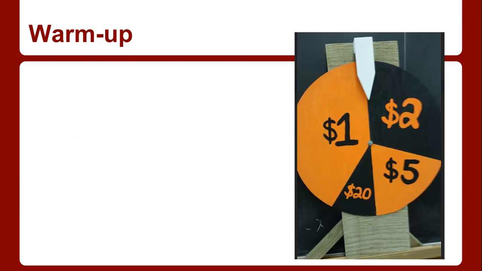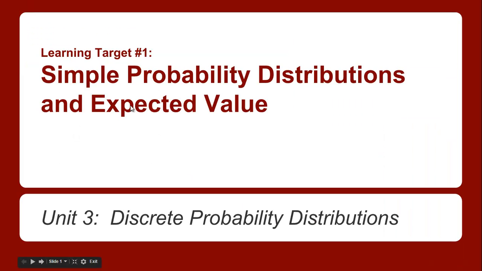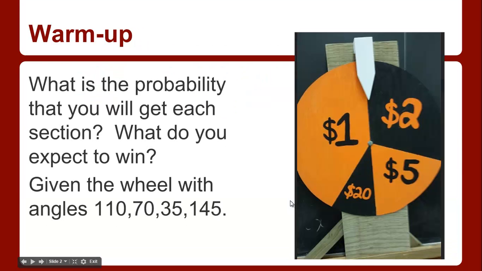So when we say expected value, that's what we mean: to calculate the average. We did this in the first unit too. This was the law of large numbers, and what we expect to get all the time. Certainly we could win $20, but there's an amount we'd expect, and it might not be $5, it might not be $2, it might just be some number in between those that we certainly can't get, but it is the average of what we're getting.